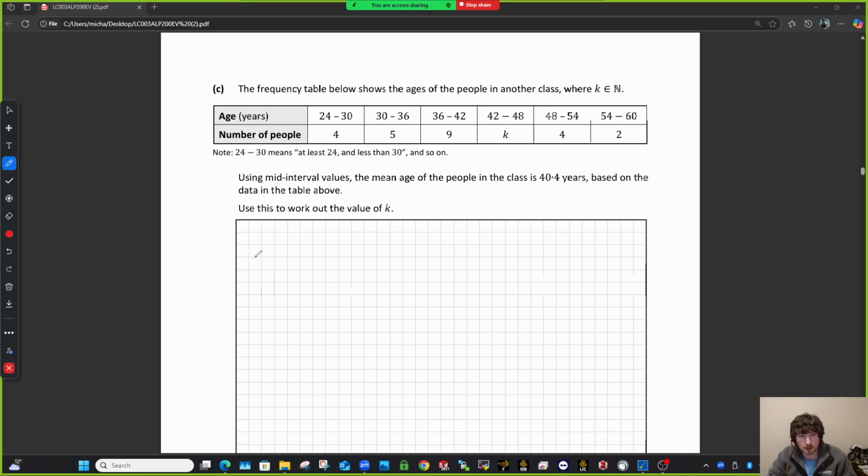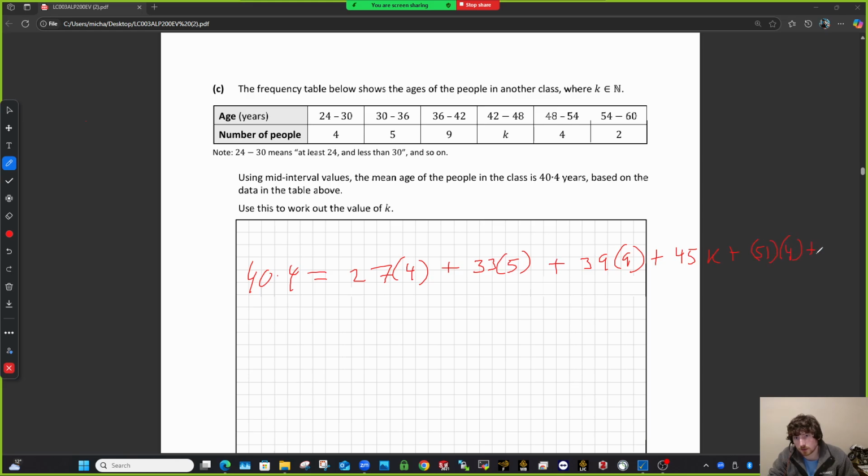So we know the mean, so we say 40.4 is equal to 27 times 4, so you multiply them together, plus 33 times 5, plus 39 times 9, plus 45k, plus 51.4 times 4.